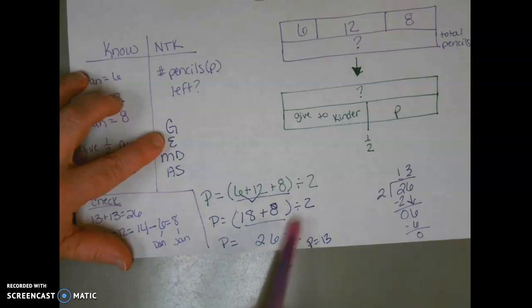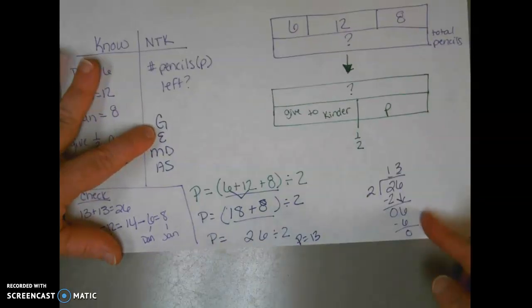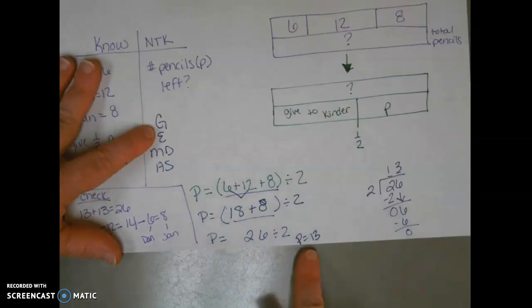Brought everything else down, so then I could do 18 plus 8, which is 26. Brought it down, 26 divided by 2. I did my work here off to the side. P equals 13.